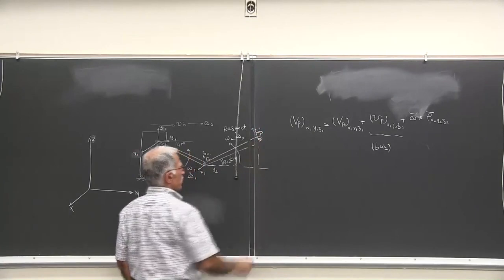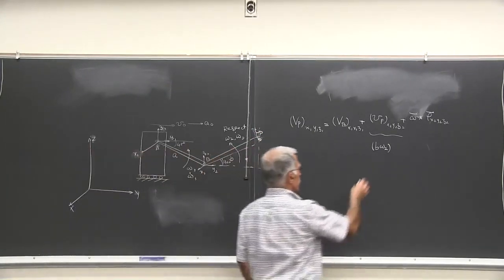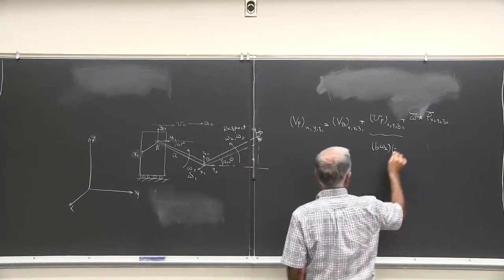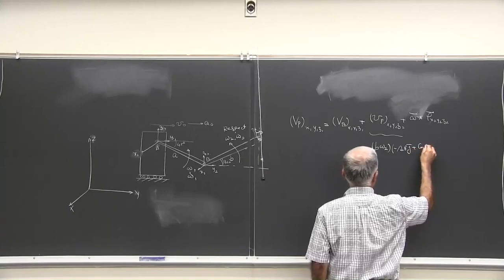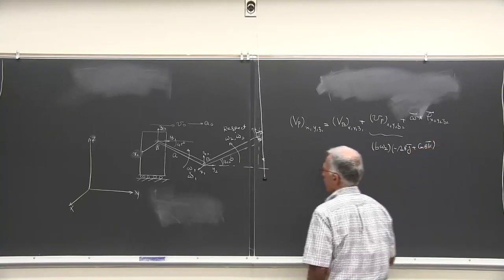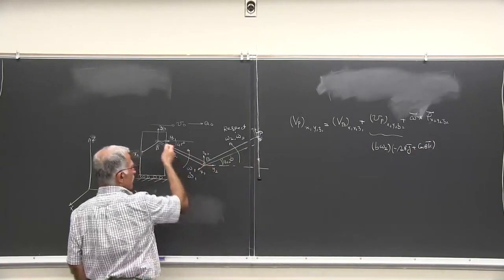This angle is also 30 degrees, and so you can say that is equal to minus sine theta j plus cosine theta k. And of course, at this instance, all of these things are the same.